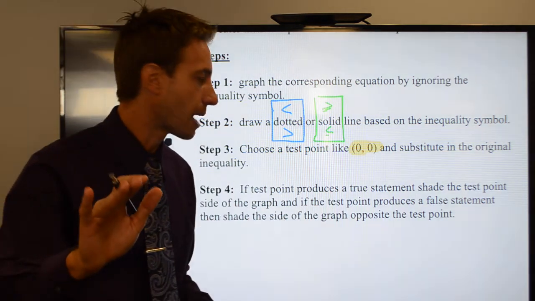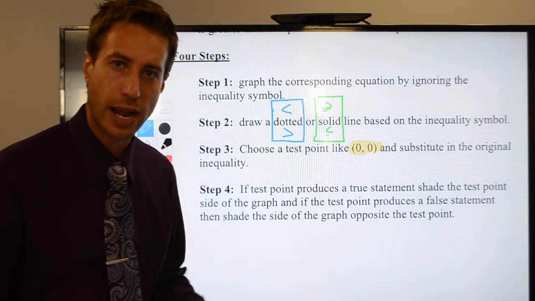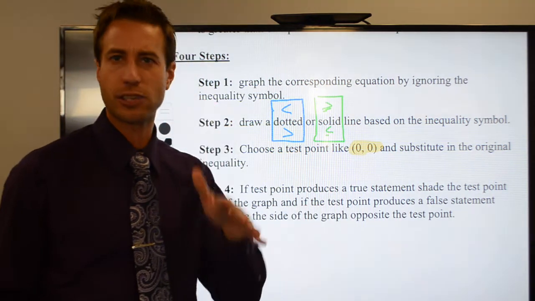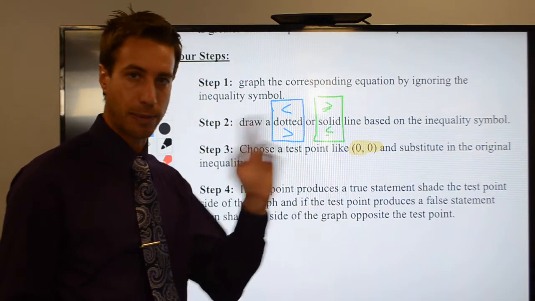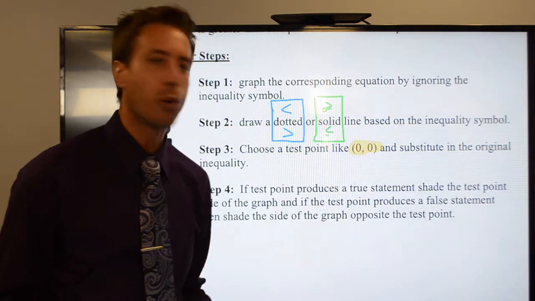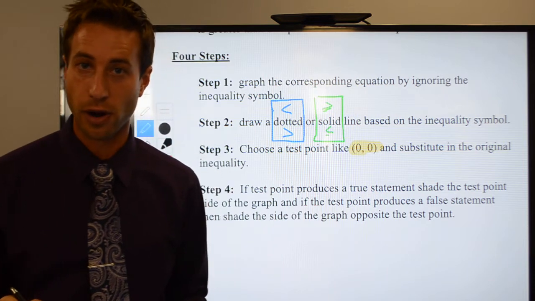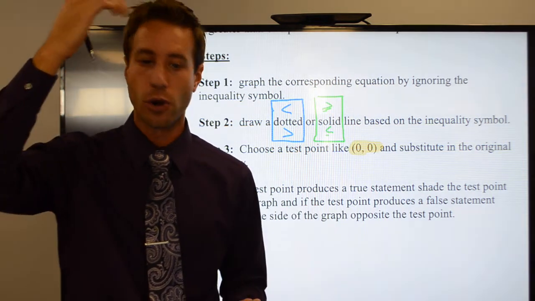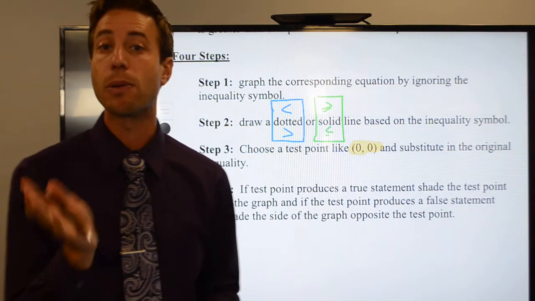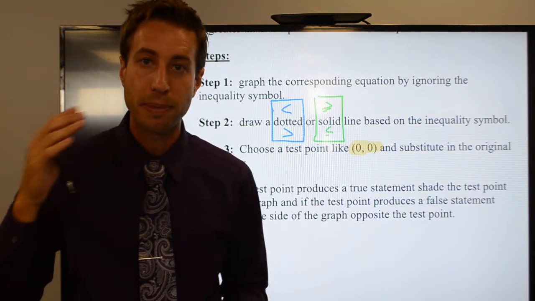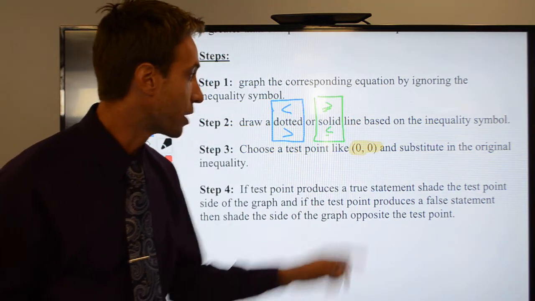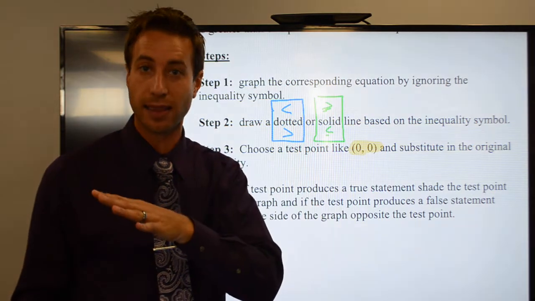And this is where sometimes kids get a little bit confused, so I'll make sure I highlight this for you when we do the example problems in a second. But when it comes to the test point, your test point's going to be on one side of the line or the other. Either your test point will be above the line or below the line. Your test point may be to the left of the line or it might be to the right of the line. But your test point's going to be on one side of the line or the other.